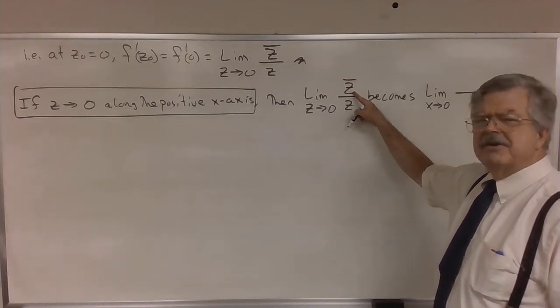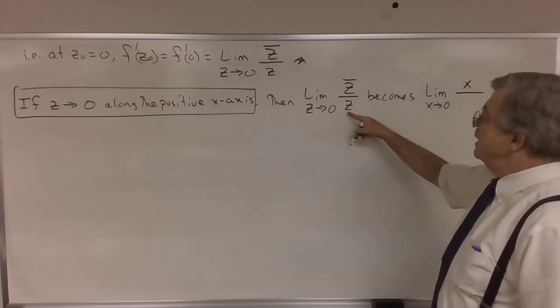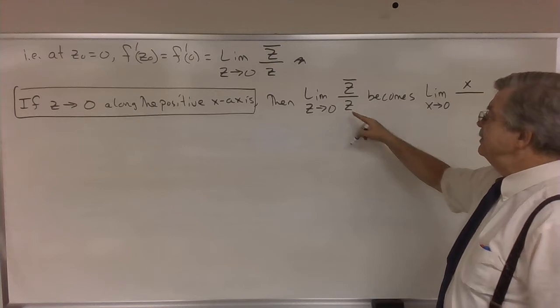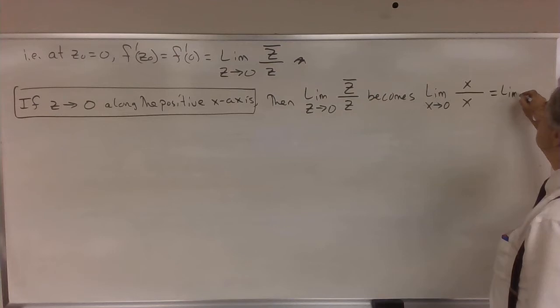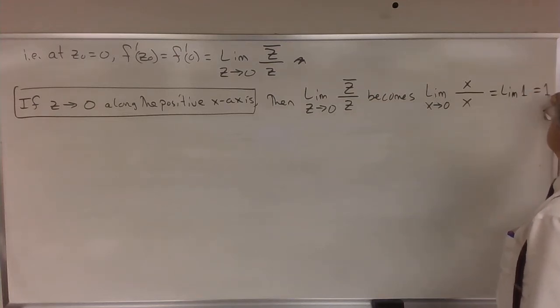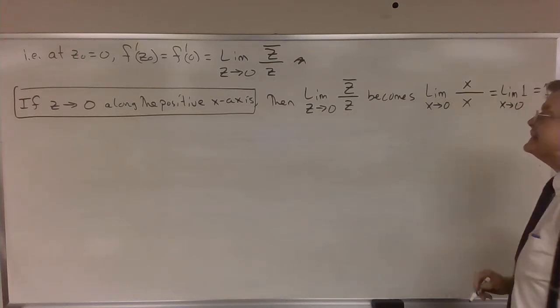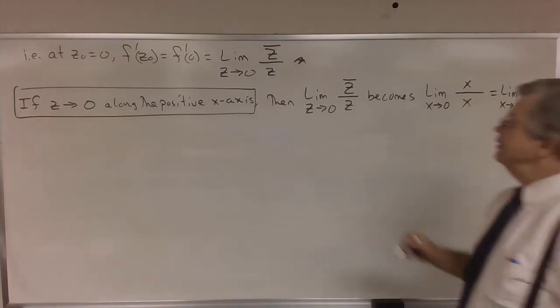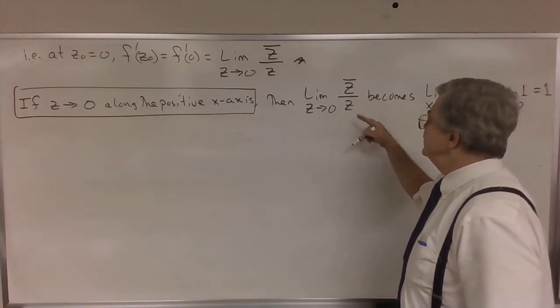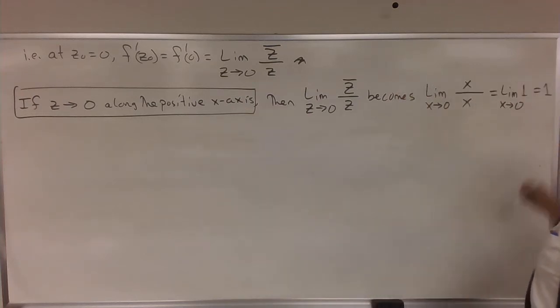But if y is 0, there is no imaginary part, so this is just x. And if y is 0, z is just x. So this is the limit of 1, which equals 1.